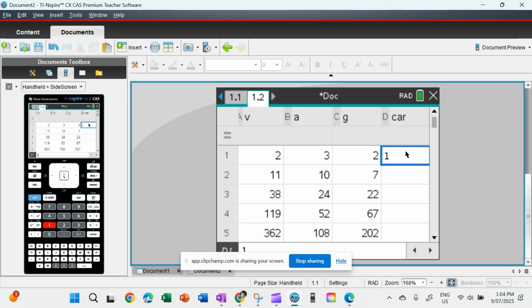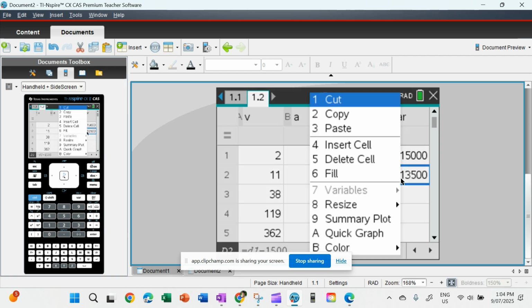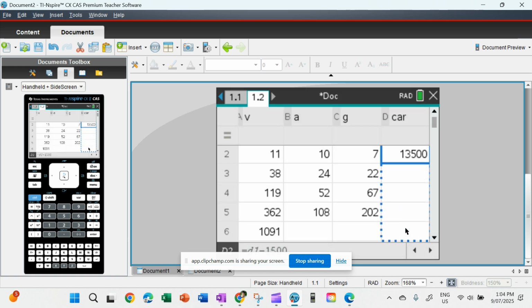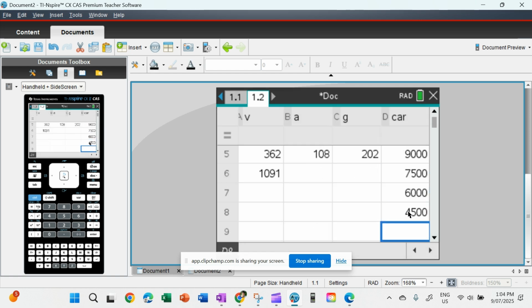So first you have $15,000 equal to V1 minus 1,500. Then just go straight, fill, keep going, fill again, and fill again.